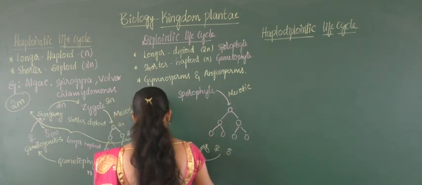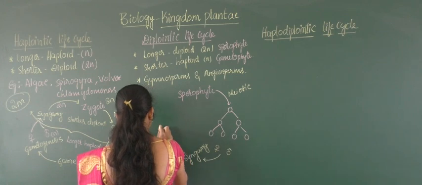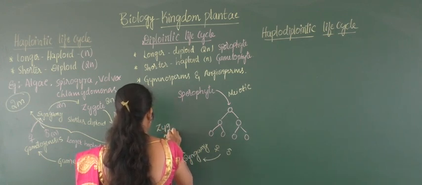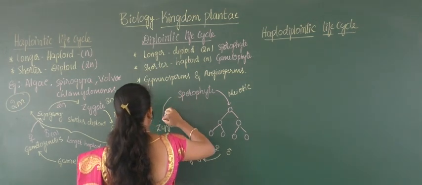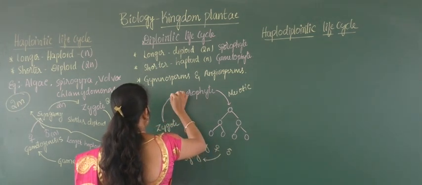By the end of syngamy they develop into a zygote, and the zygote will result in a new plant body like the parental one.